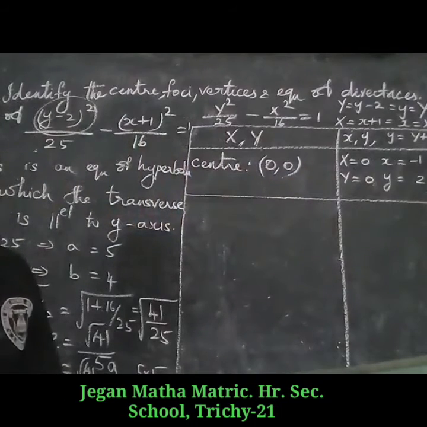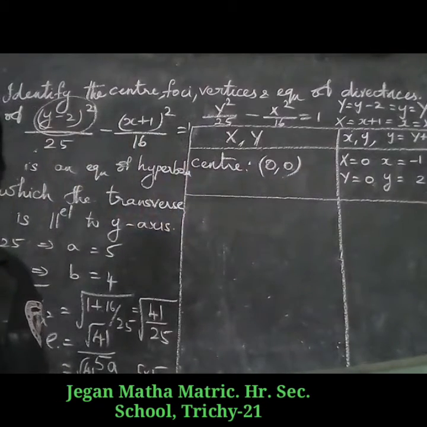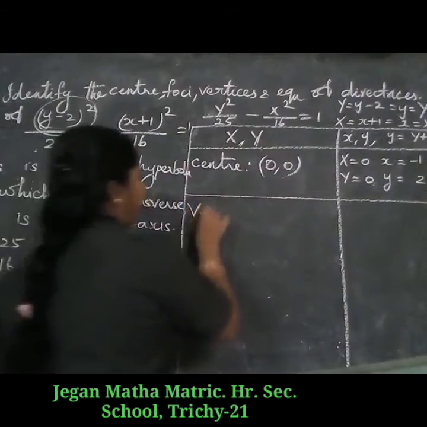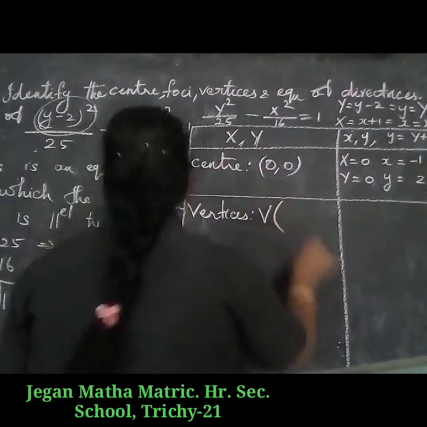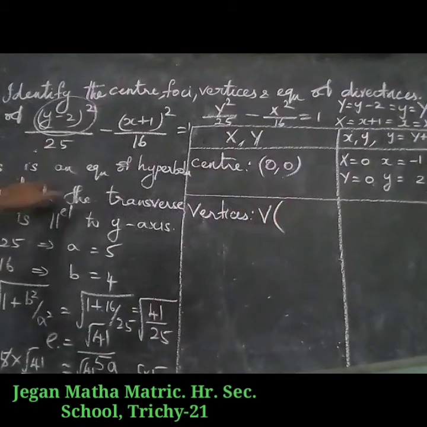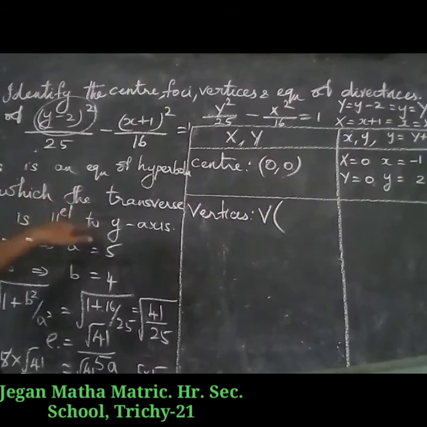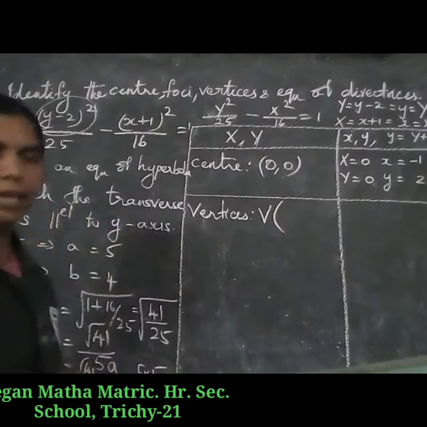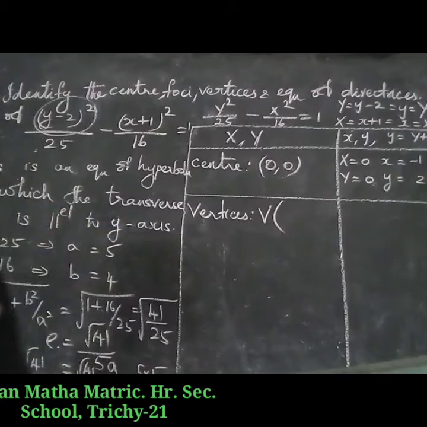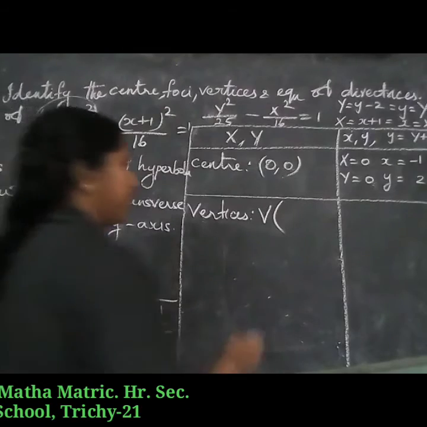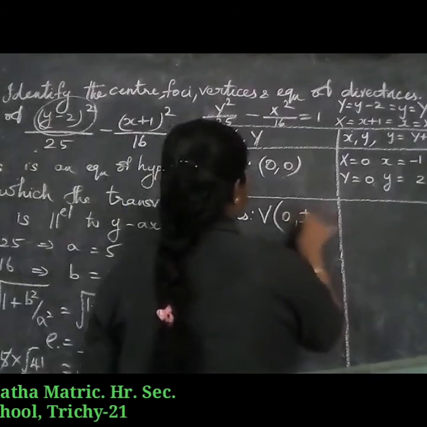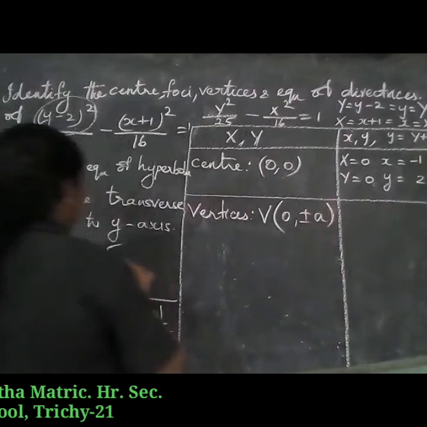Second, we can find out the vertices. Here I told you this is an equation in which the transverse axis is along the y axis. Therefore, the vertices must lie on the y axis. Therefore, the formula for vertices we can write as 0, plus or minus a. a is equal to 5.